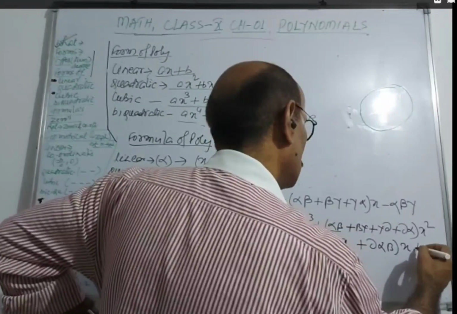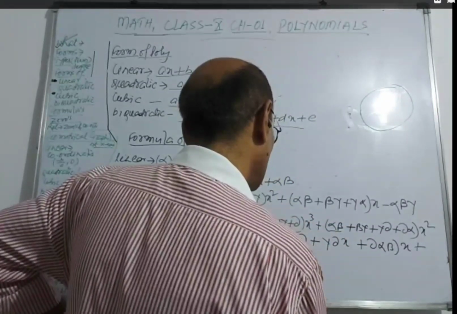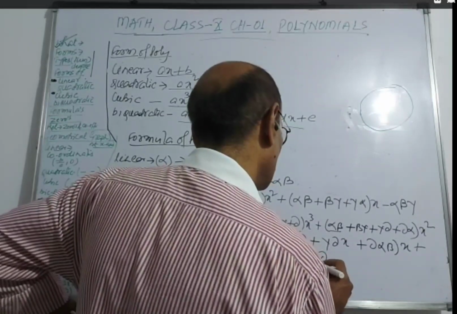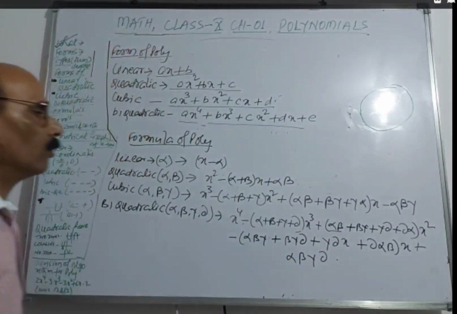And this is plus alpha into beta into gamma into delta. Like this form we can write.